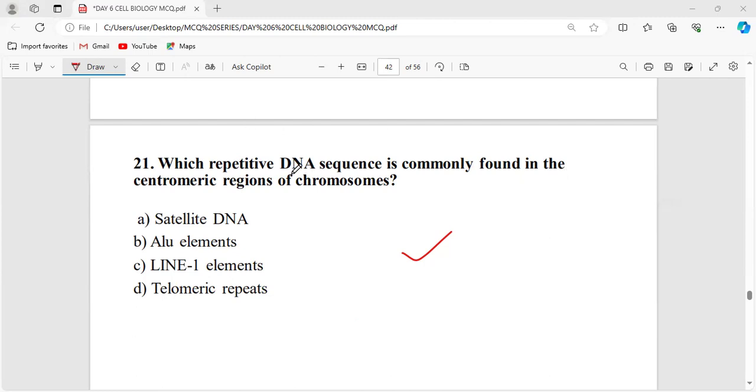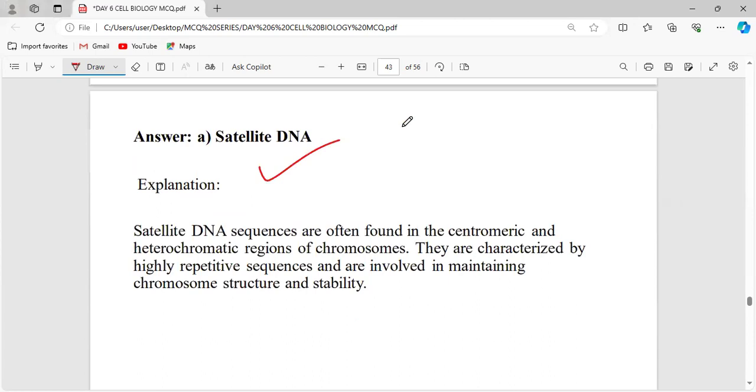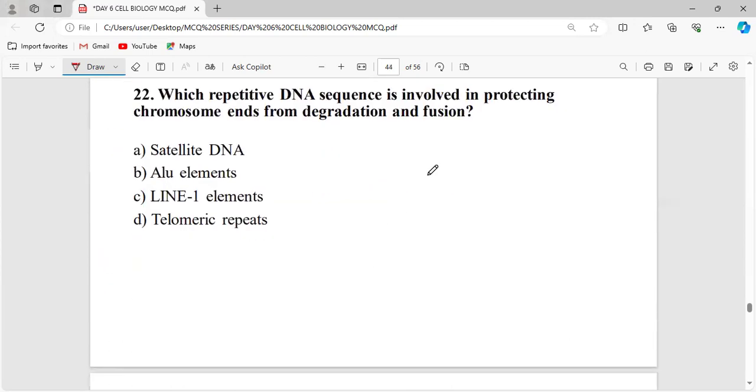Which repetitive sequence will be seen in the centromeric region? Okay, that will be the satellite DNA. It is the one found in the centromeric, particularly the heterochromatic regions of the chromosomes. It is also involved in the chromosome structure and stability.